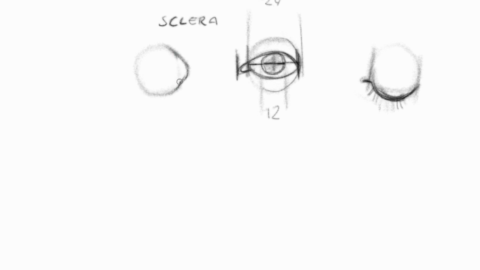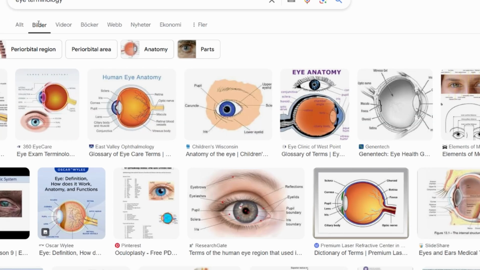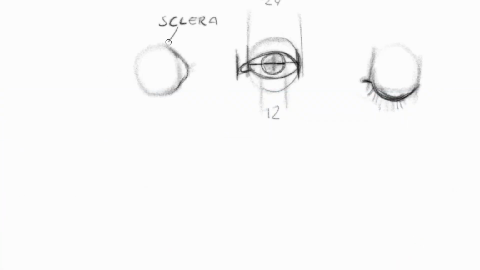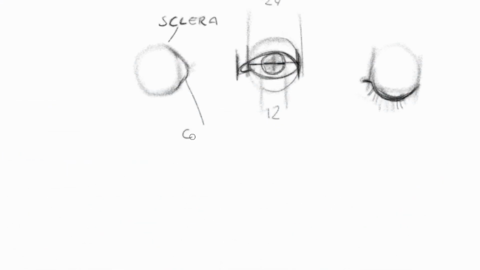So there is a protrusion from the sclera, and this is called, so the white of the eye is called the sclera, and it transitions into the cornea.